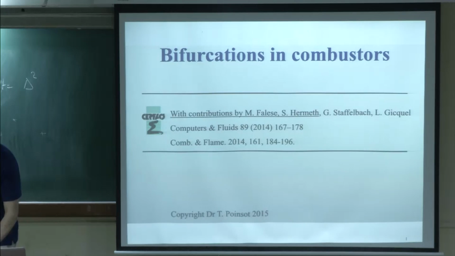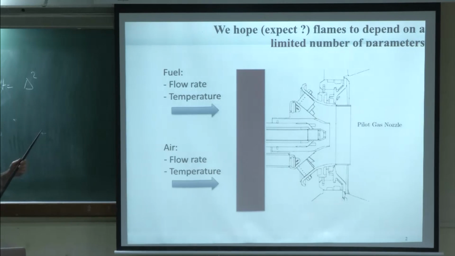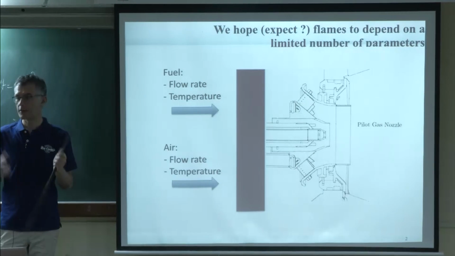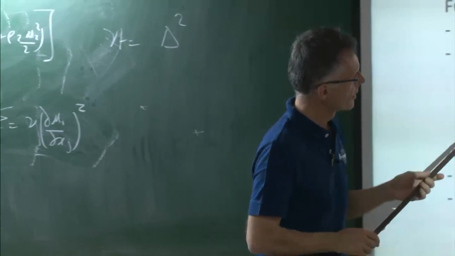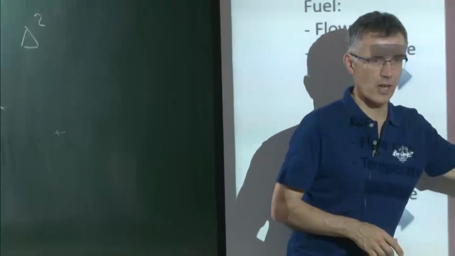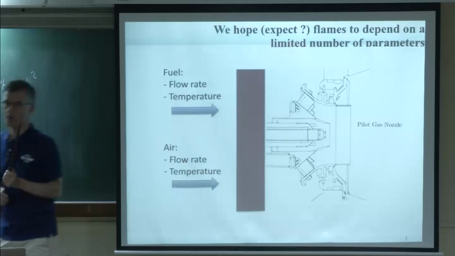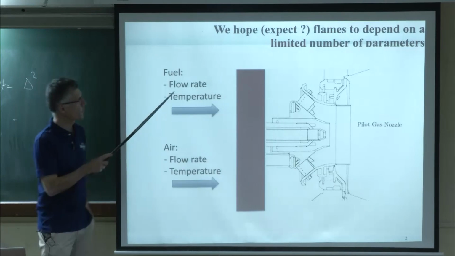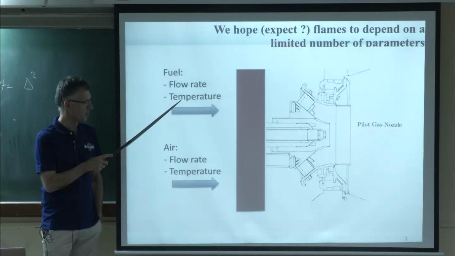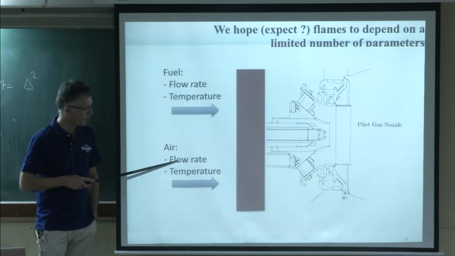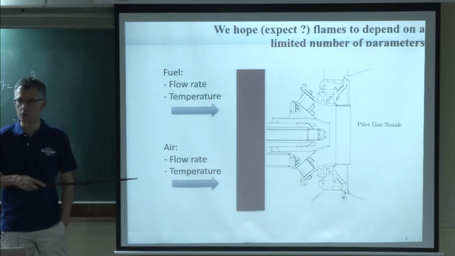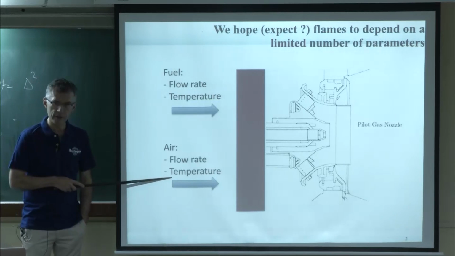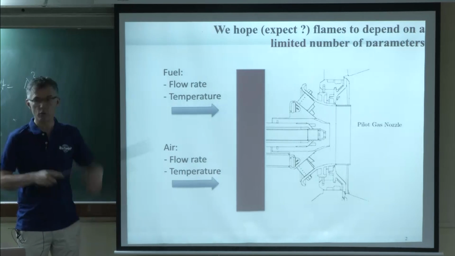We know that when you do a numerical study or an experimental study, you would like the flow in a combustion chamber to depend on a limited number of parameters. For example, if you specify the flow rate and the temperature of the fuel, and the same thing for the air, and probably also you control the level of water in the air, then normally you will have one flame.